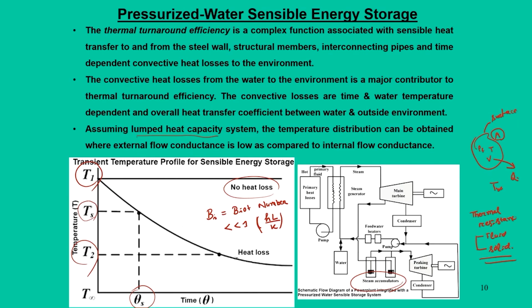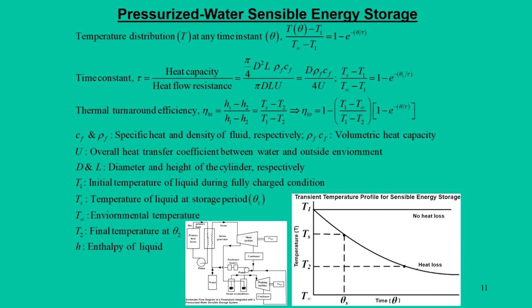The relation between T, Ts, T2 and theta s can be formulated based on this lumped capacitance model, and we can assume the Biot number to be much less than 1. In any heat transfer book, we find the expression for temperature distribution at any time instant theta: the temperature minus T infinity, over the initial temperature T1 minus T infinity, where T infinity is the outside temperature.